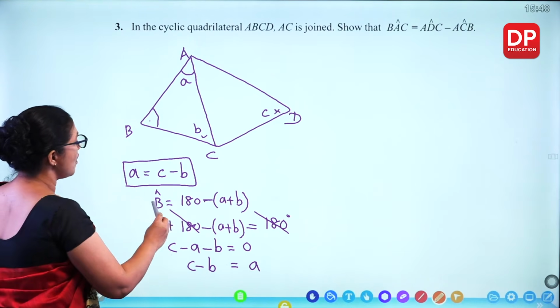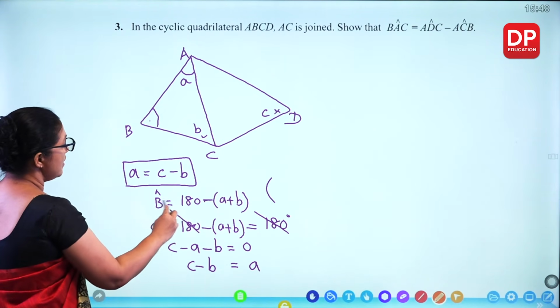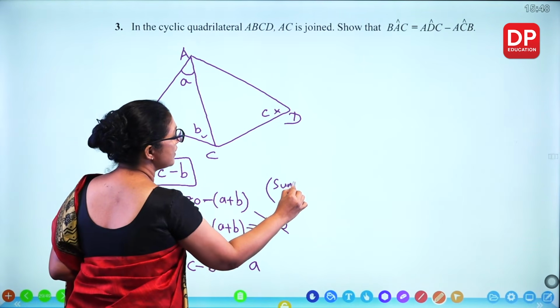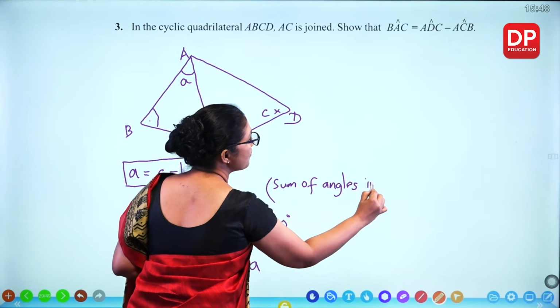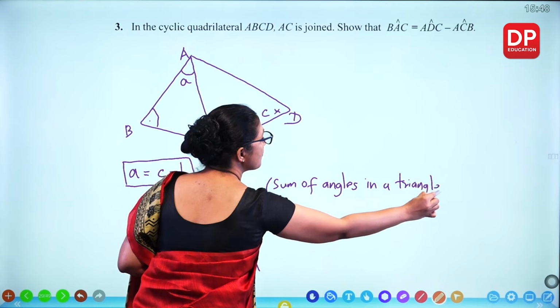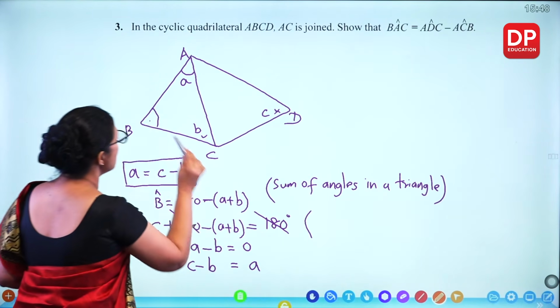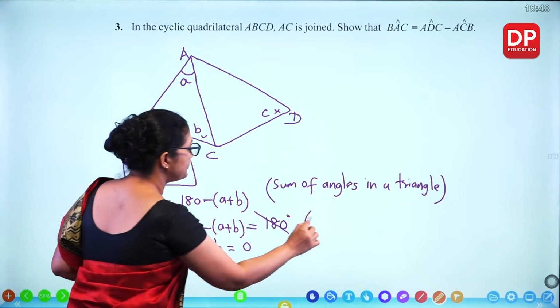So we can write down the reasons here. This one is the sum of angles in a triangle. This one is because opposite angles are supplementary.